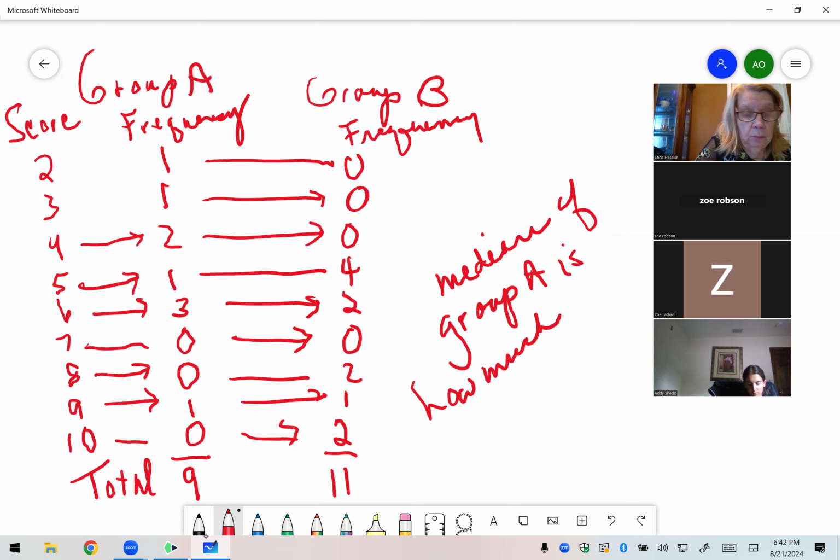Are you doing the mean or the median one? The median, the top one. Okay, sorry.